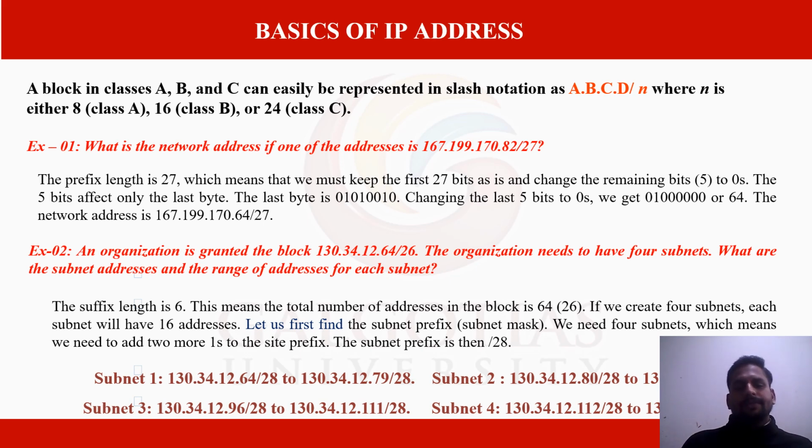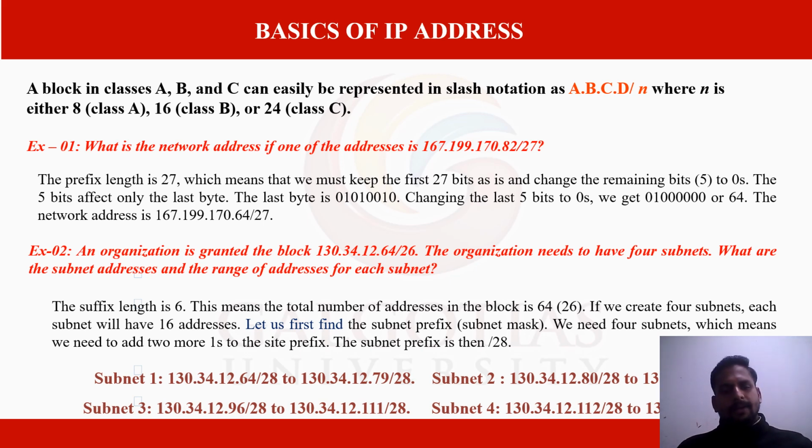Okay, if you convert the last 5 bits into zeros, then we will get 0 1 and then all the remaining bits are 0. If you convert this value into decimal, then we will get 64. So simply they are telling that the network address is 167.199.170.64, right? So this is the way to calculate the network addresses.